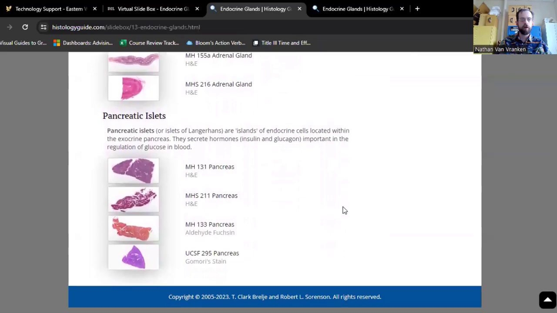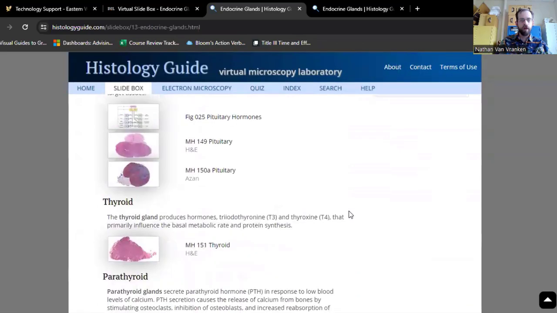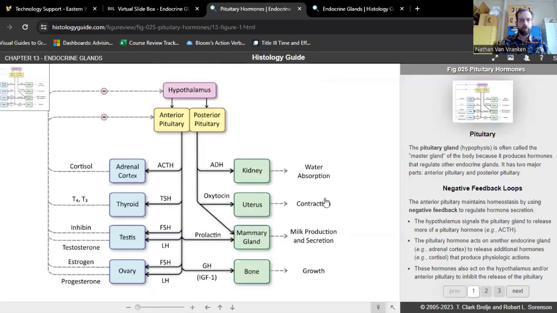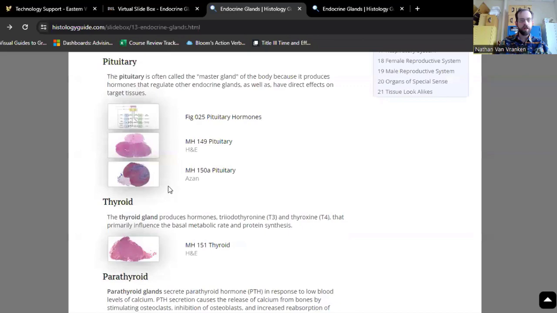The adrenals and pancreas. And I'd like for you to be able to take a look at, say, like the pituitary hormones. That will show a feedback loop, so like what different effects are and what structures are being affected would be really helpful to help to study.